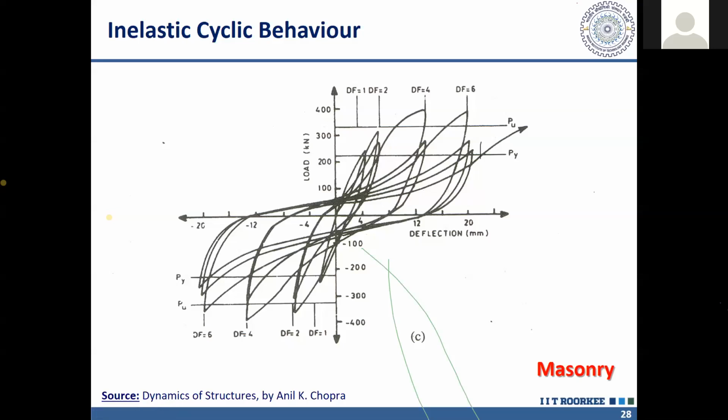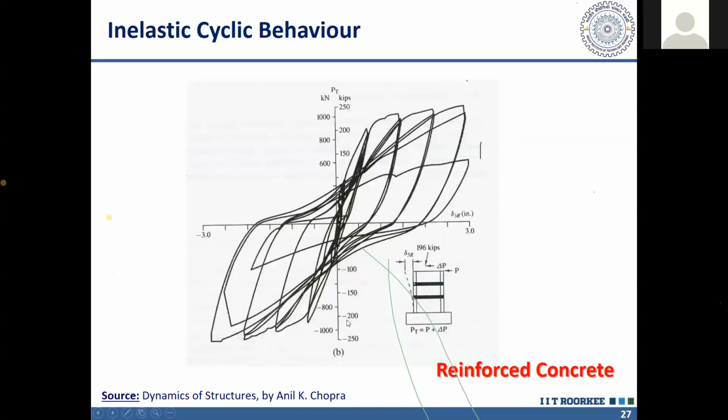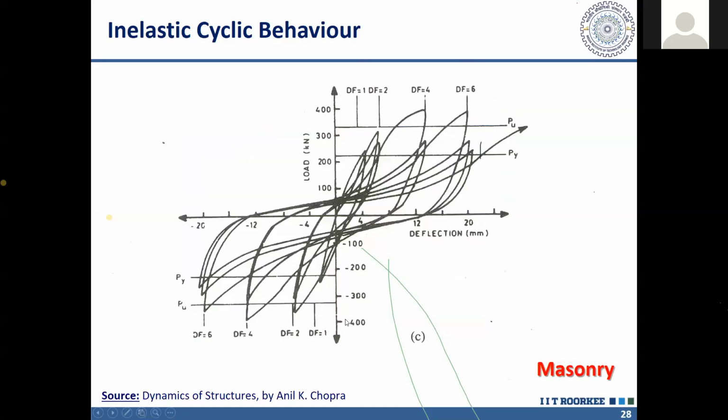So when we are performing our nonlinear analysis, we have to simulate the nonlinear behavior. And in nonlinear behavior, not only the monotonic load displacement curve, we have to also simulate the hysteretic behavior. So there are two nonlinear analysis methods. One is static method. In a static method, we are considering monotonic behavior of the structure.